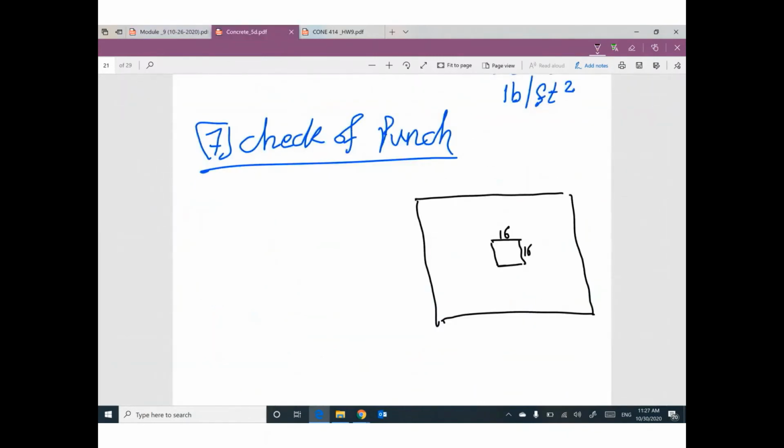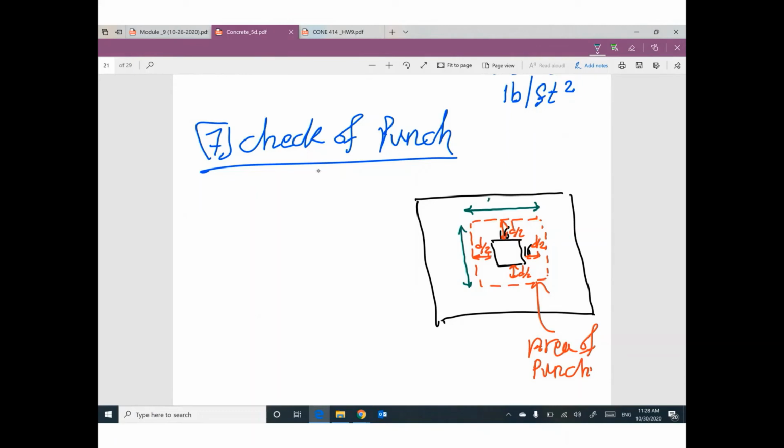From this column, I'm gonna assume distance here, depth divide 2 on each side, to assume a new area. And this area can be called area of punch. By the way, can you tell me what is the total length here? In inch. What is the total length?